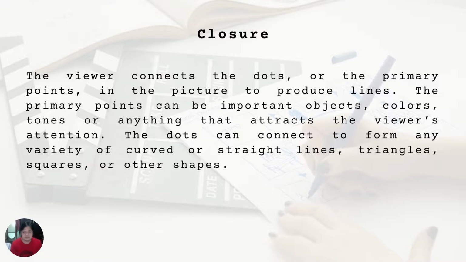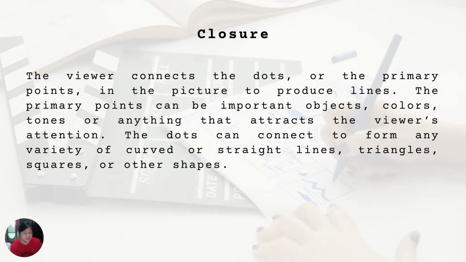Now, the viewer connects the dots or the primary points in the picture to produce lines. The primary points can be important objects, colors, tones, or anything that attracts the viewer's attention. The dots can connect to form any variety of curved or straight lines, triangles, squares, or any other shape.